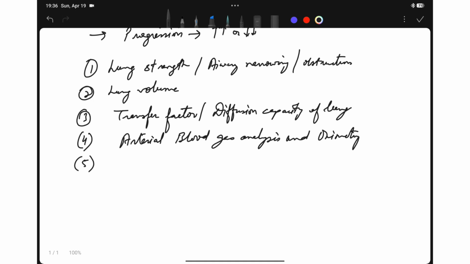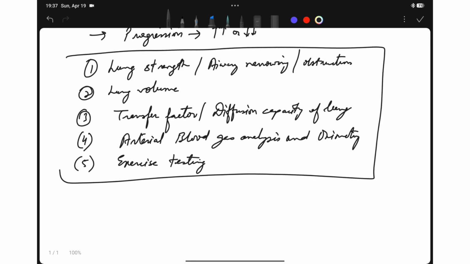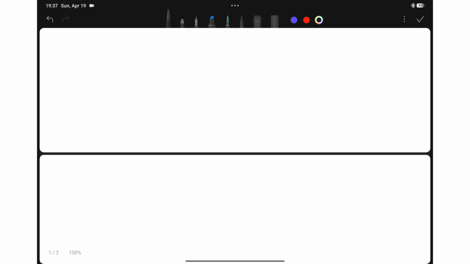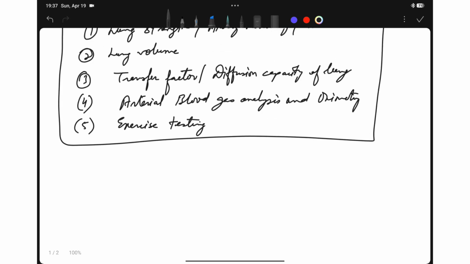And the fifth one is exercise testing. So these are the 5 headings under which we do pulmonary function test, and this gives value about our lung function. Are they healthy or diseased?